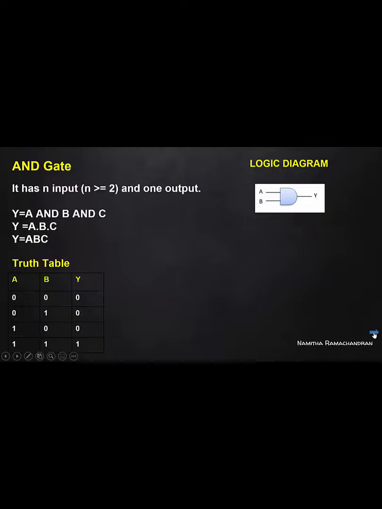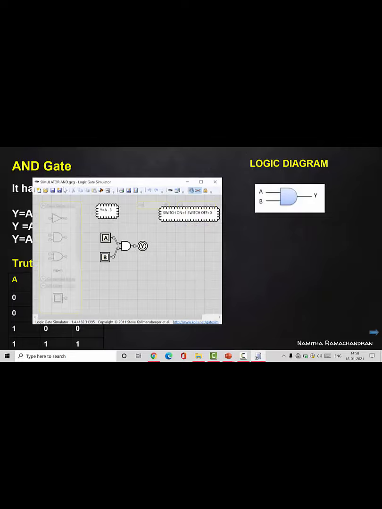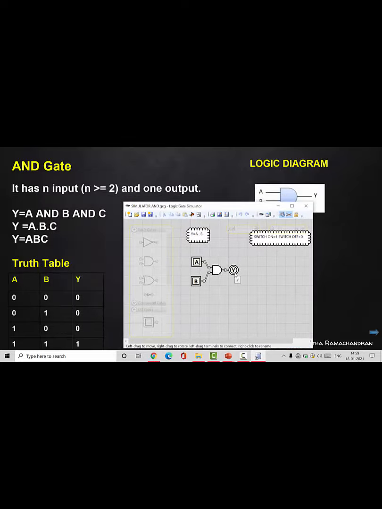So consider the simulation for this AND gate. This is the simulation of our 2 input AND gate. The first input is represented as A, the second is B, with output Y. So consider the first case, both A and B inputs with value 0.